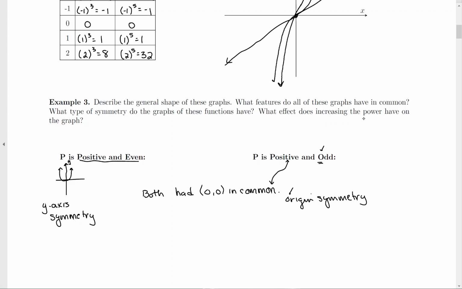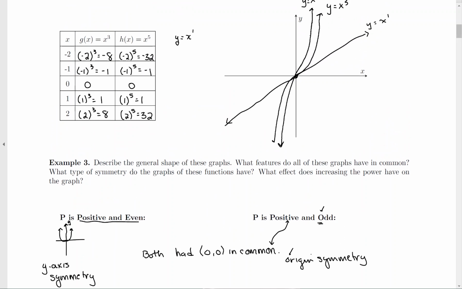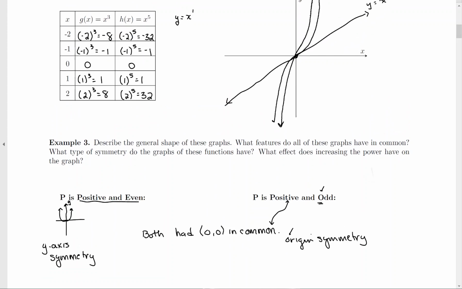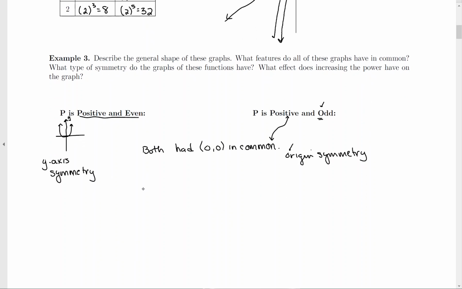What effect does increasing the power have on the graph? In both cases, on this page and the previous, the bigger the power, the closer to the y-axis it got. It got, again, for lack of a better word, skinnier, all right? Or it came in closer to the y-axis as the power got bigger.